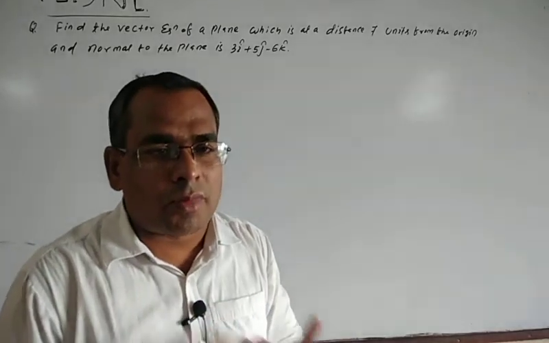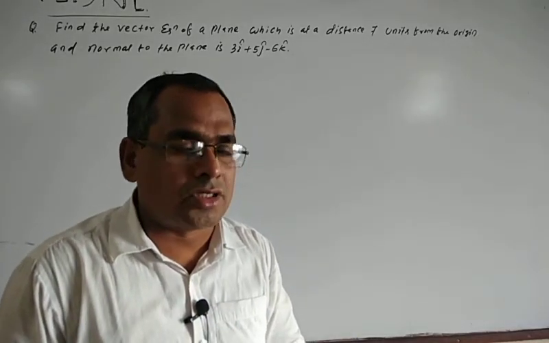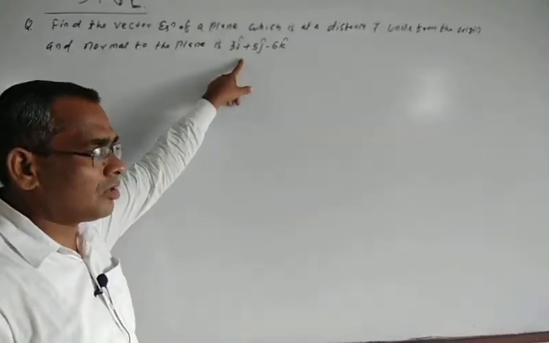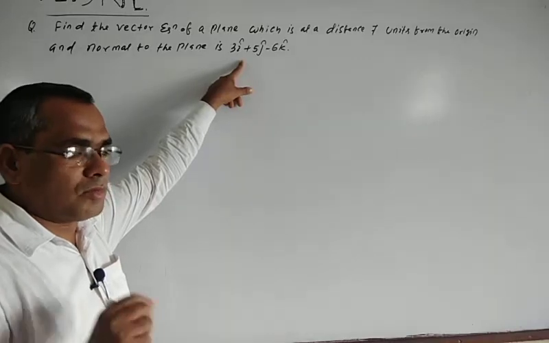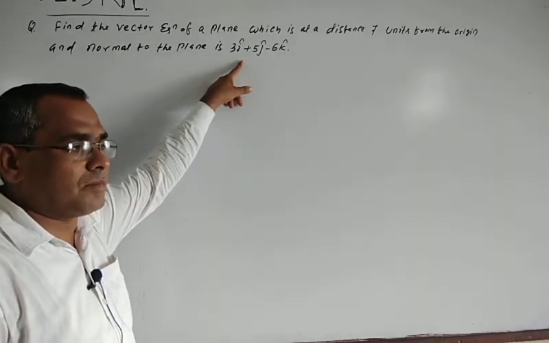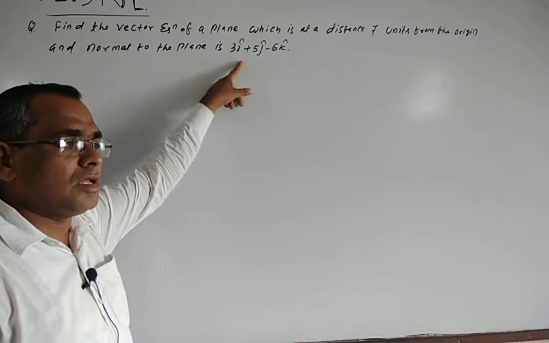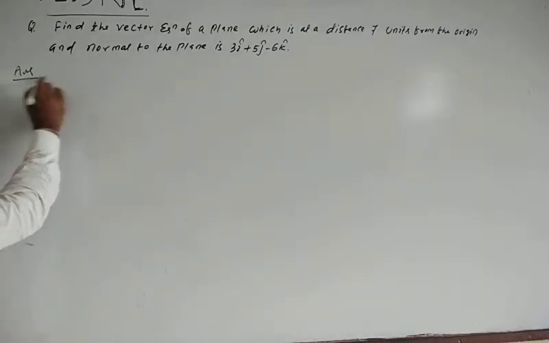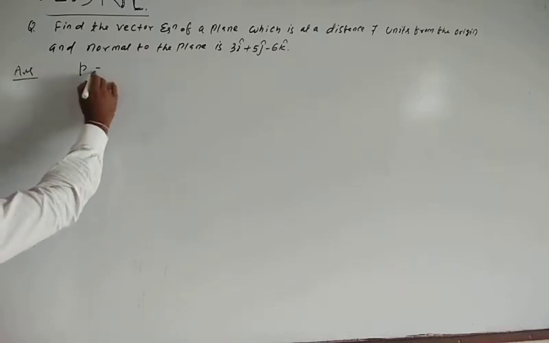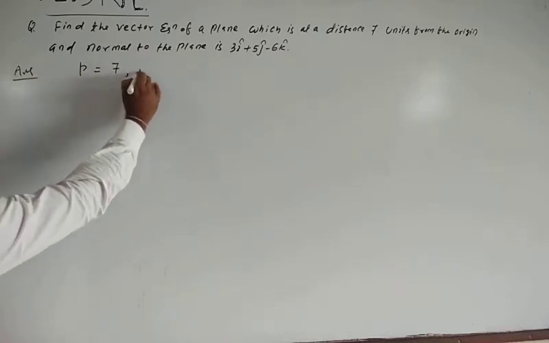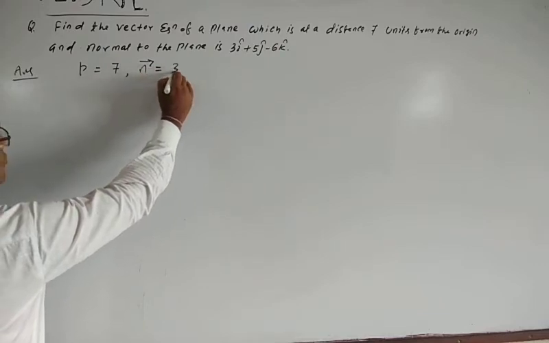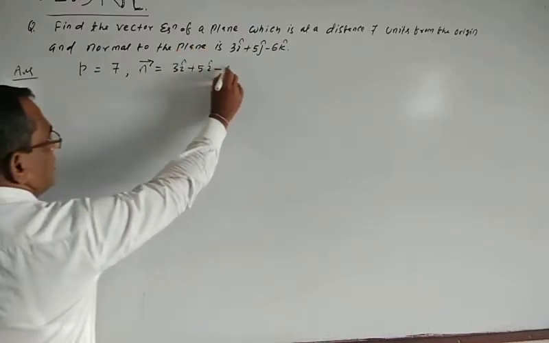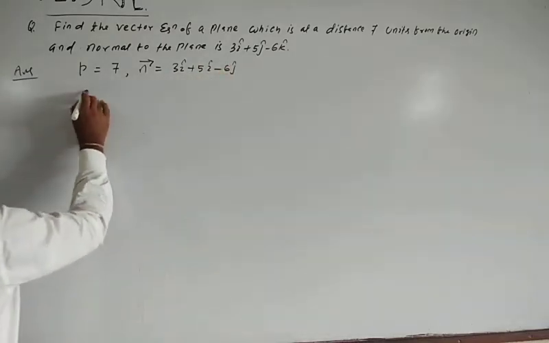And we know the normal form is r vector dot n cap is equal to p. Here p is equal to 7 and this is the normal vector, but in normal form you have to convert it to n cap. So n cap means n vector by n vector magnitude. Answer: here the perpendicular distance p is equal to 7 and n vector is equal to 3i cap plus 5j cap minus 6k cap.